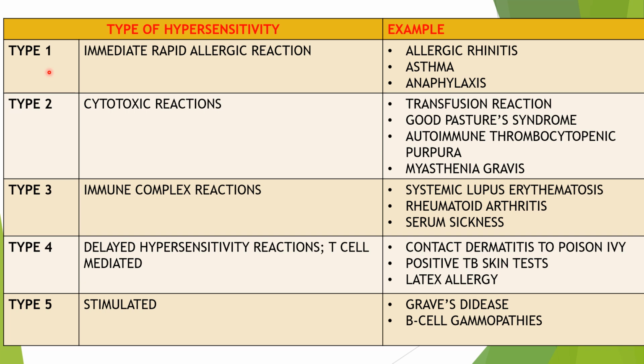This is type 1 hypersensitivity reaction. Mainly the eosinophil count will be more. The normal count, you know, is 1 to 2%, but here the eosinophil count will be more with type 1. And the treatment depends on the severity.